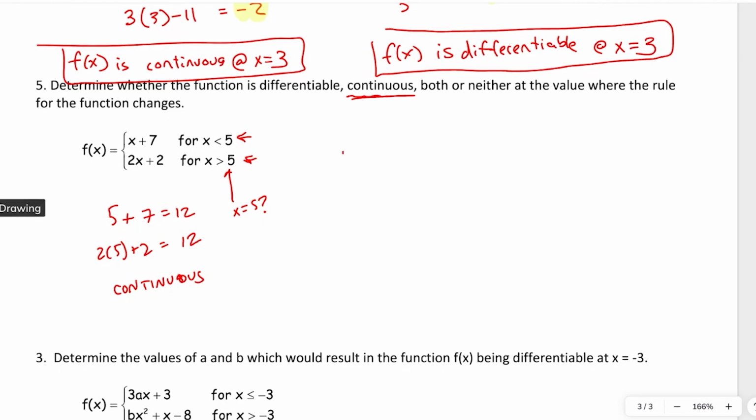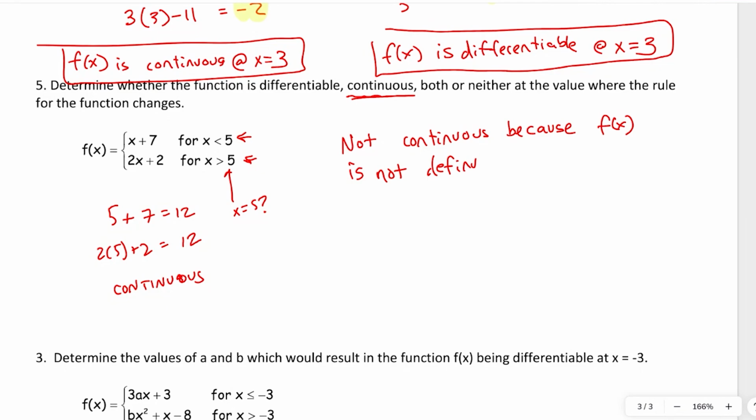So it's not continuous. Maybe I'll write it like this. It's not continuous because f of x is not defined, or maybe let's be a little bit more specific. Not continuous at x equals 5. It's continuous everywhere else because f is not defined at x equals 5.